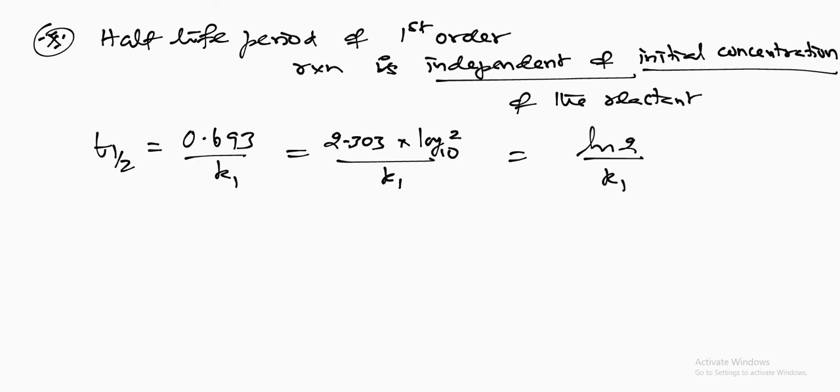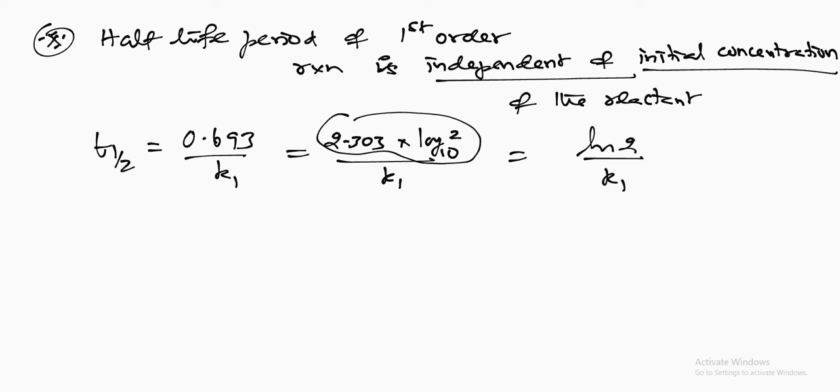This is in terms of ln, because you know very well 2.303 into log 2 base 10 is nothing but ln 2. All these are one and the same. Take note. These are different ways of writing the half-life period for a first order reaction. Is this clear? Students, any doubt? Yes, sir.